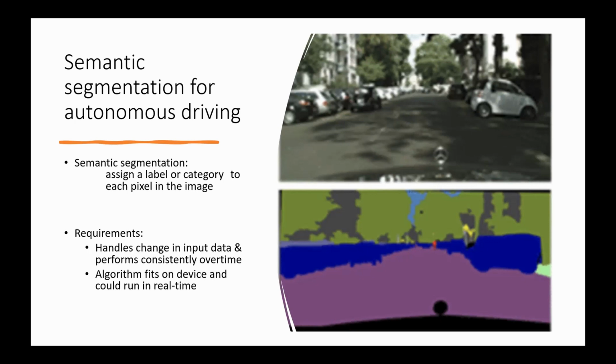Then the other requirement could be that it is able to handle change in input data and performs consistently over time. And then the other one could be that this algorithm could also improve over time, because we are going to see that the algorithms may not work perfectly out of the box once we are deploying them into the environment.